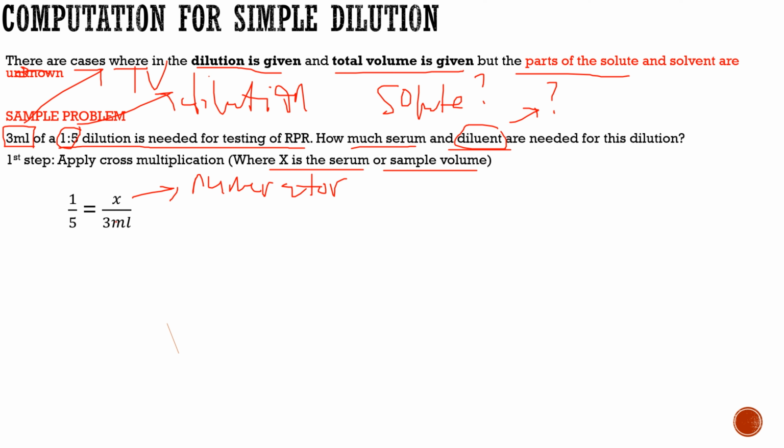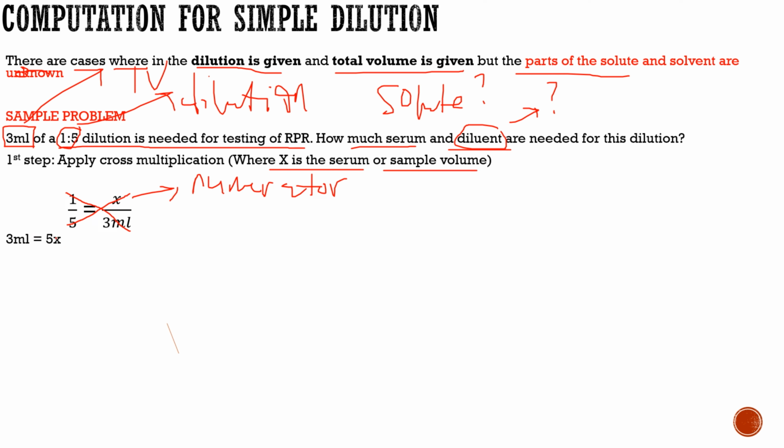While the total volume is 3 ml. After applying cross multiplication, it's going to look like this. Why did it become like that? Multiply 1 by 3 ml. 1 times 3 ml is 3 ml equals 5x. Why 5x? Multiply 5 by x, you get 5x.